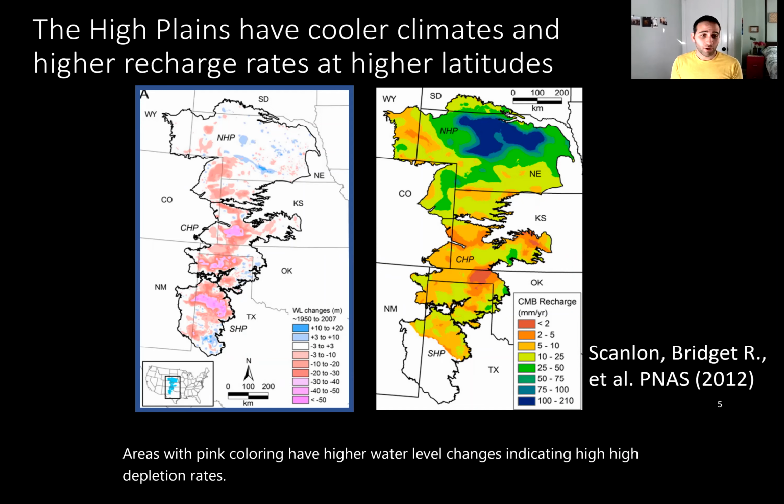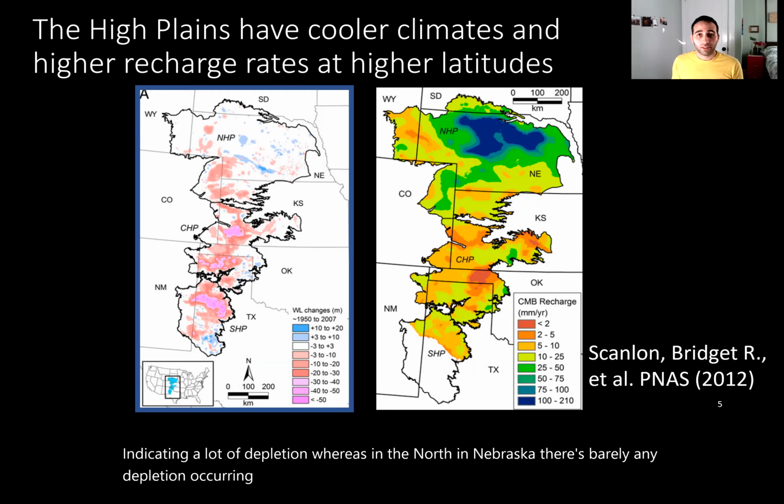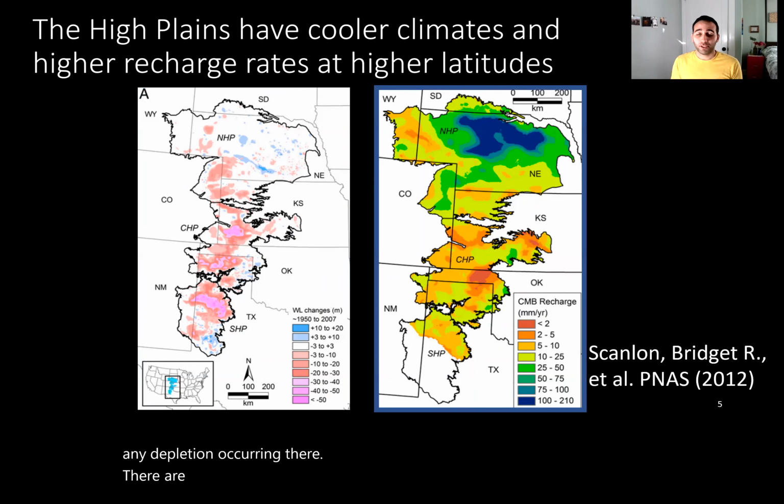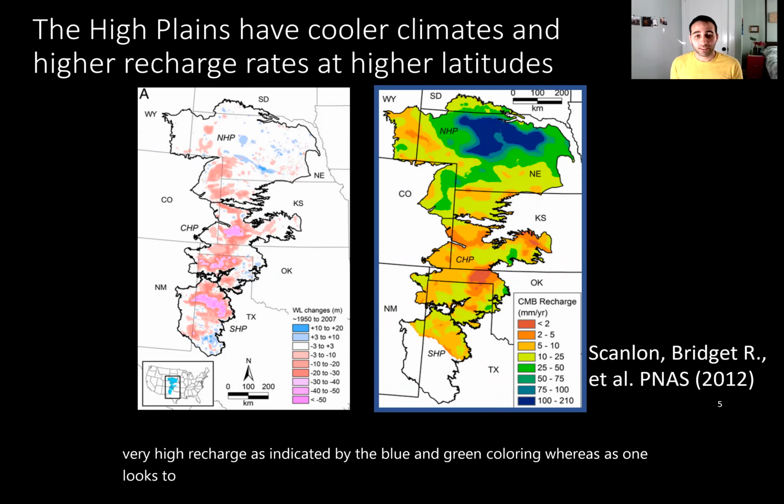As one goes from the south to the north, for example, in the Texas High Plains, we see a lot of pink, indicating a lot of depletion, whereas in the north in Nebraska, there's barely any depletion occurring there. There are also spatial trends in recharge rates, with Nebraska having very high recharge as indicated by the blue and green coloring, whereas as one looks to the central High Plains in Kansas and the southern High Plains in Texas, the recharge rates are lower.